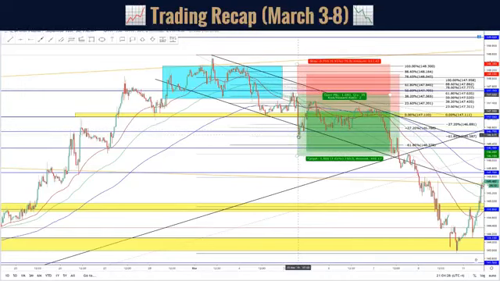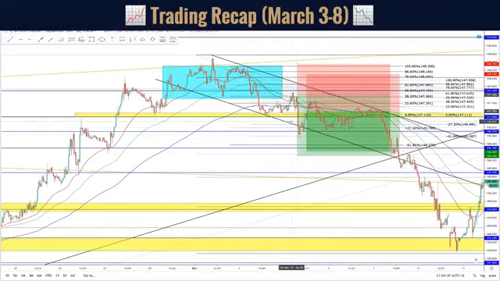So the first one was on March 5th at around 7 a.m. After many confirmations, you can see right here that the price is showing a downtrend. Why? Because as you may see right here on the left, it was in the presence of higher highs and higher lows.